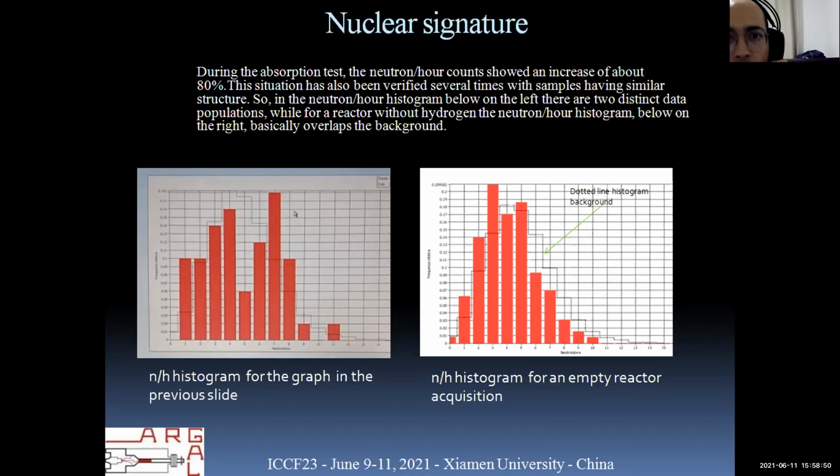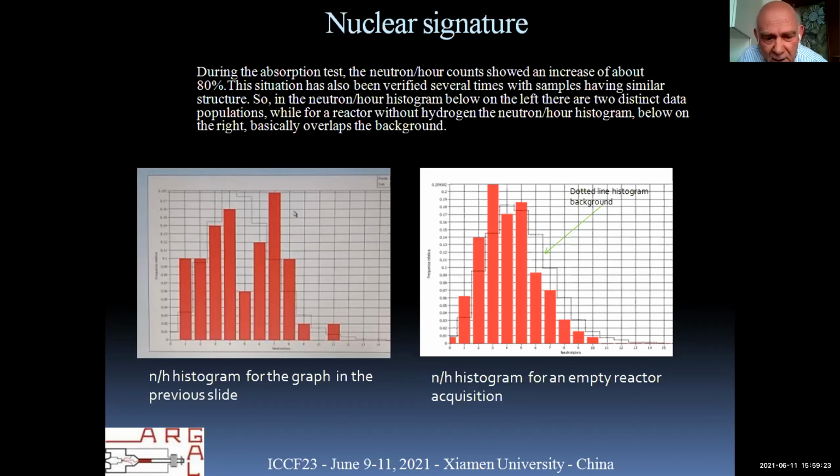Yes, I can hear you very well. Thank you for your presentation. And for the histogram, as I understood, you believe that there are different kinds of neutrons, even if the global counting is similar to the background. The quality of the neutrons is distinct. Is that correct?